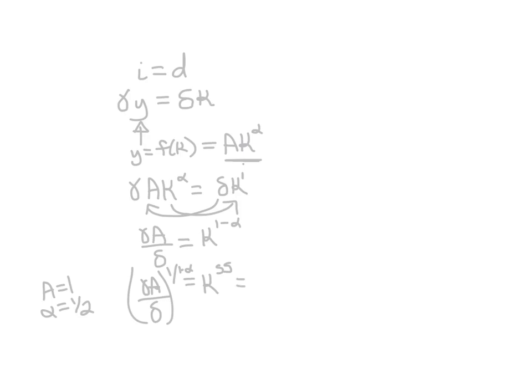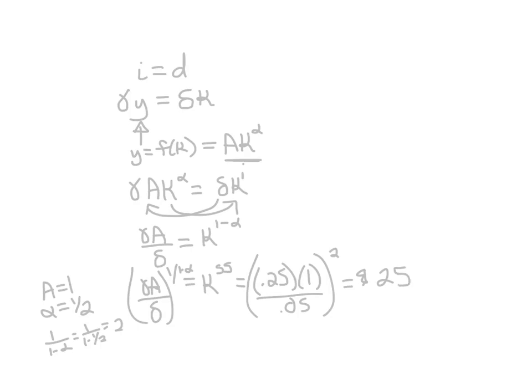And then plugging in all those numbers, we have an investment rate of 25%, A is 1, delta is 5%, and then all of that is raised to the 1 over 1 minus alpha. So let's see, 1 over 1 minus alpha is 1 over 1 minus a half, which is 2. All right, so we end up with 25 as our level of capital per worker in steady state.